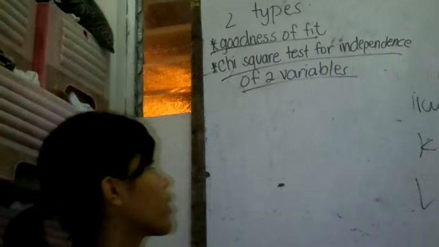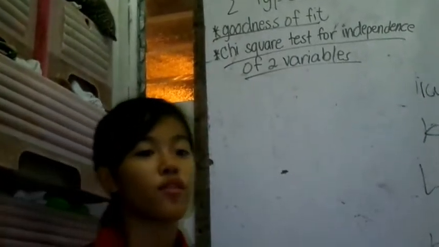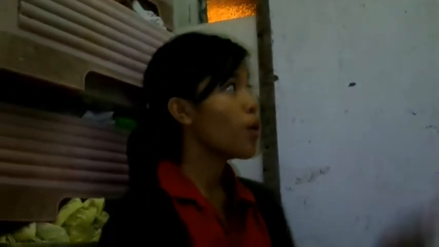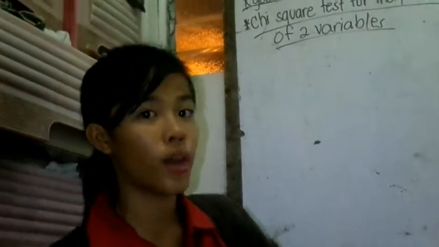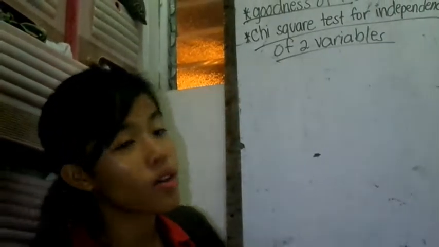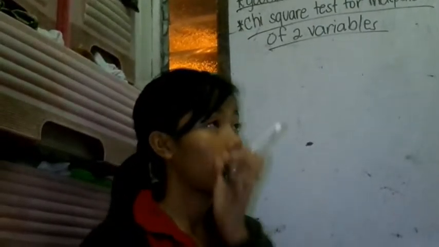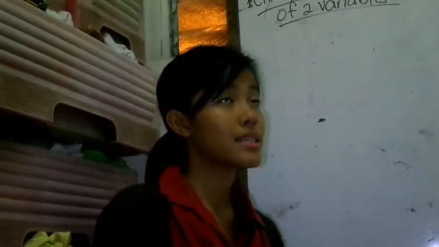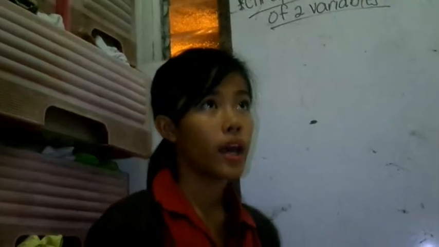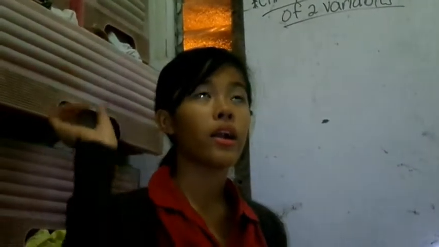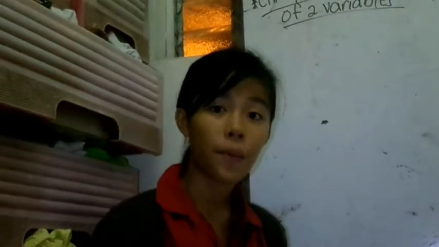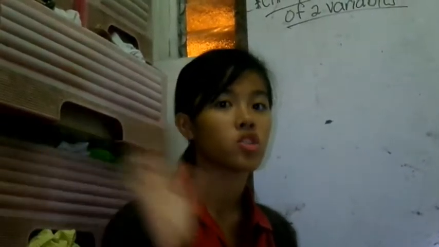Let's now move on to the chi-square test for independence of two variables. In chi-square, when we encounter this set of words, it lets us know if the two variables we are testing are independent or dependent on each other.